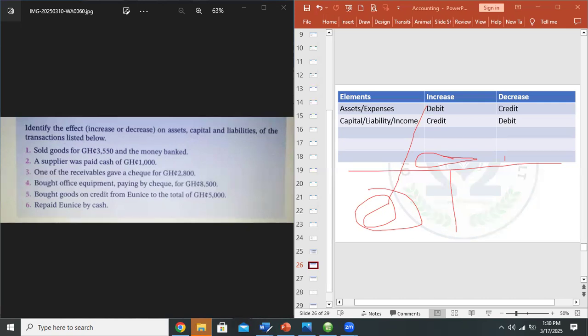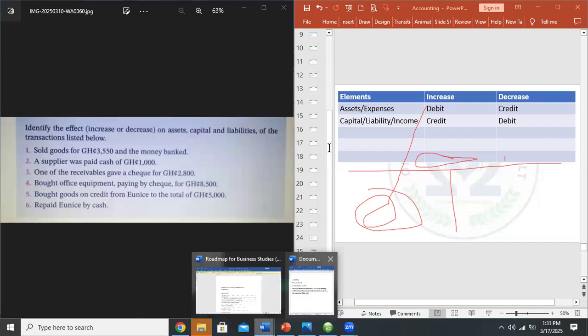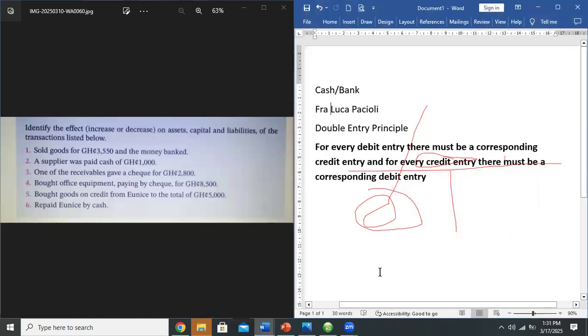So when a transaction occurs, you debit and there should be a corresponding credit. And I think now you appreciate what a debit is. A debit is you recording on the left side of an account, and the credit is you recording on the right side of an account.